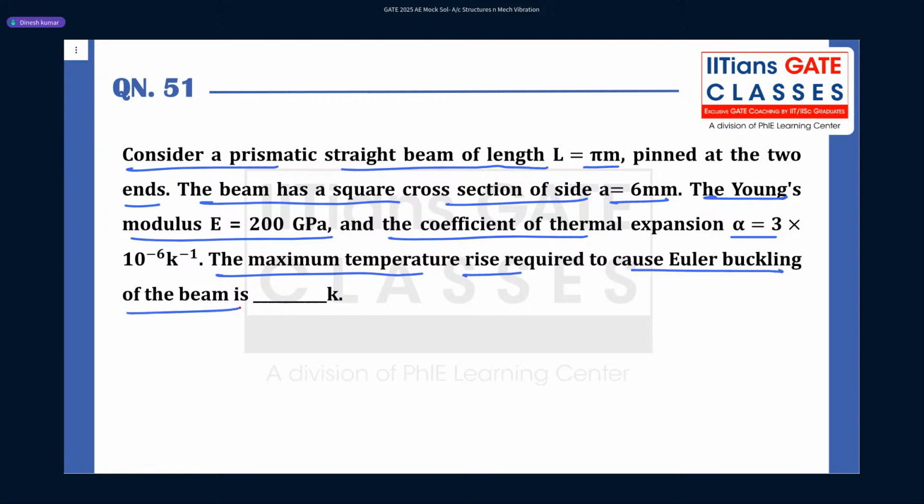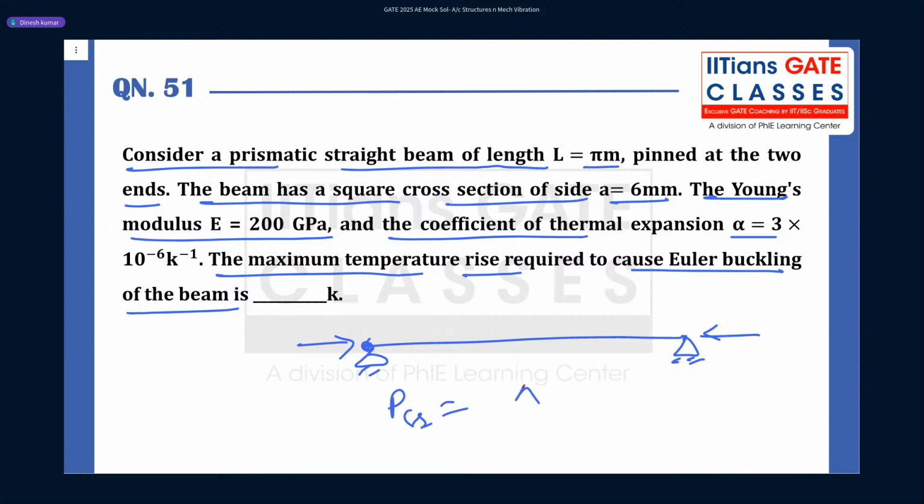So guys, in this case, it's a prismatic beam and it is pinned at both the ends. Pin means simply supported. At both the ends, it's simply supported. So guys, we know in case of a simply supported column, what is your P critical?